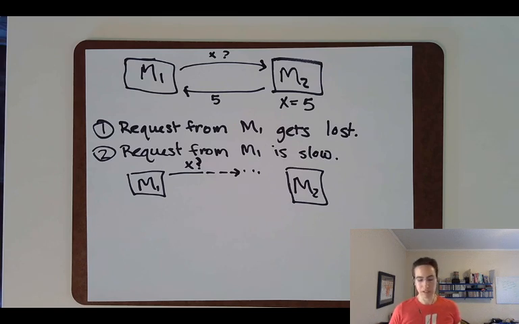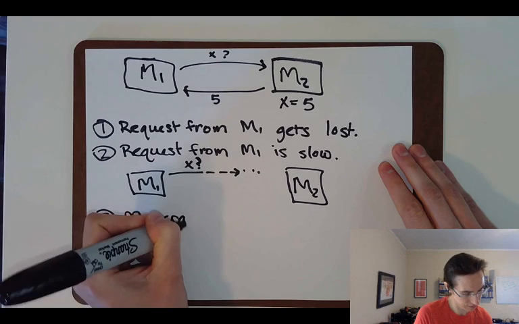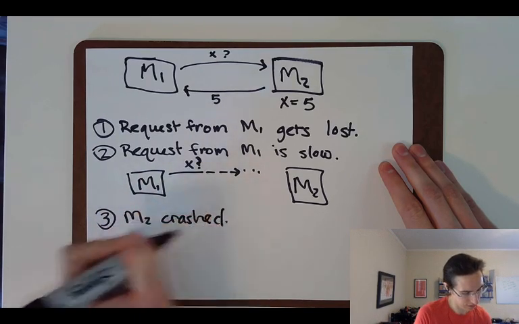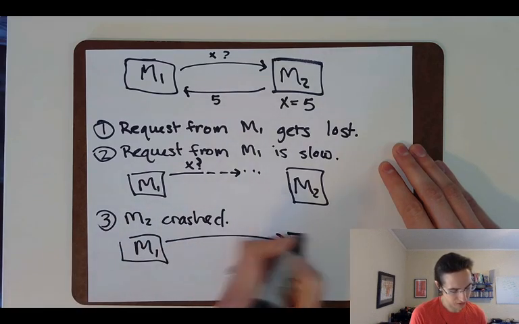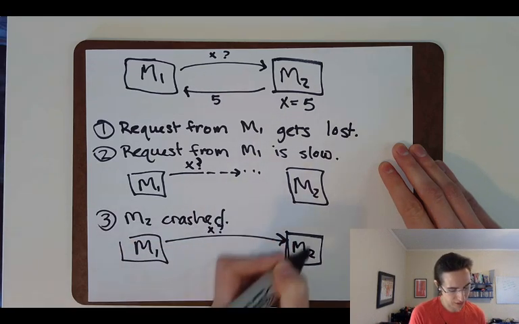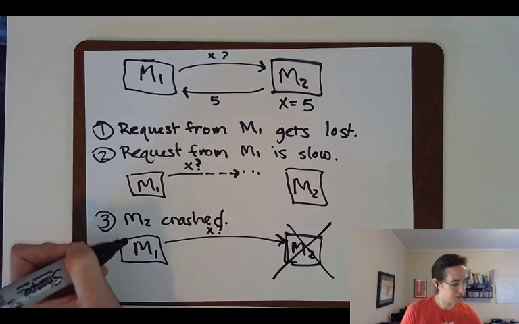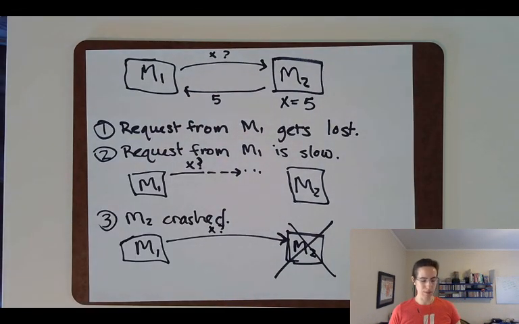Another possibility, right, is that M2 crashed, right? So M1 sent the message, and let's say that the message even actually arrived, and then M2 immediately crashed. So if that happened, let's say that any of these three things happened. Does M1 have any way of knowing the difference between these three situations?